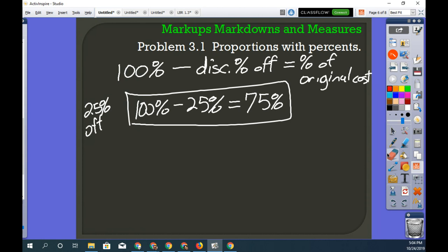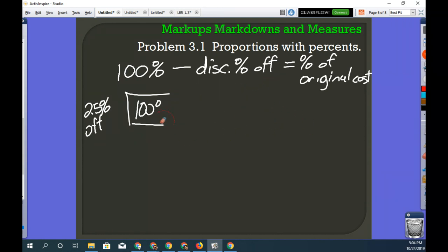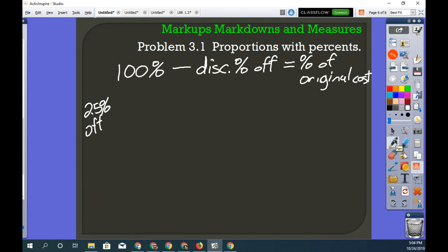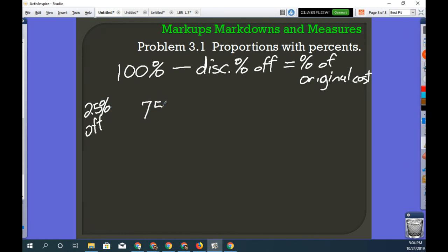Let me go ahead and clear this off, because the percent of the original price is actually, when we write it as a decimal, the factor that we use. So mental math tells us that if I'm taking 25% off, I'm going to pay 75% of the original cost.